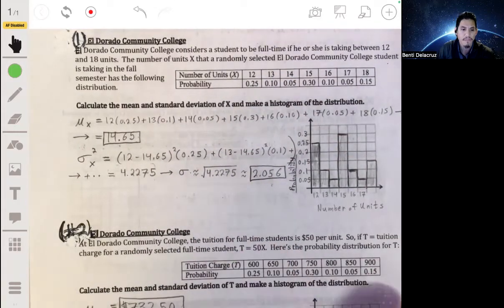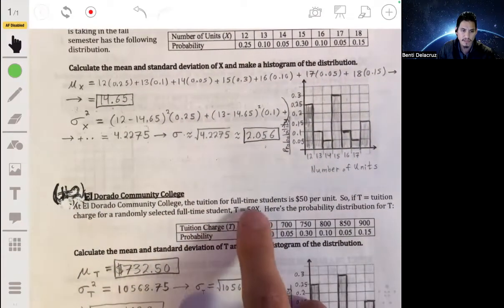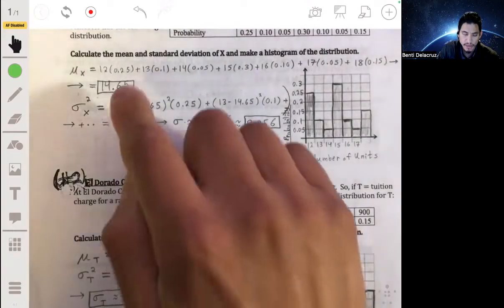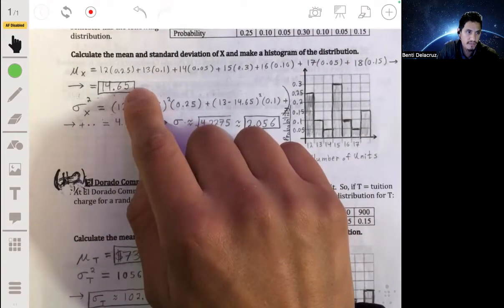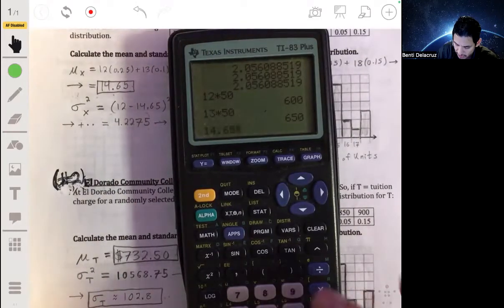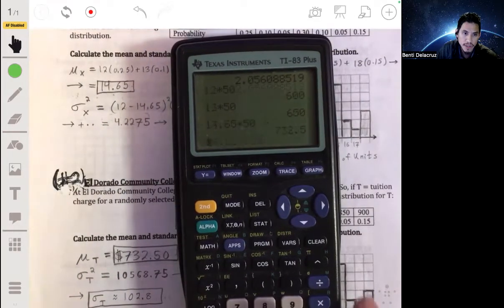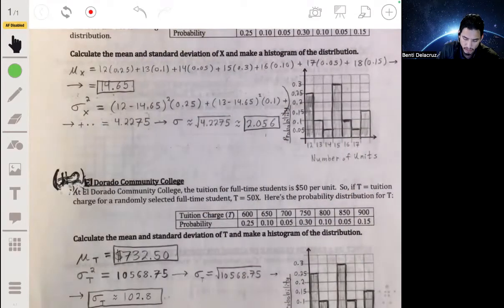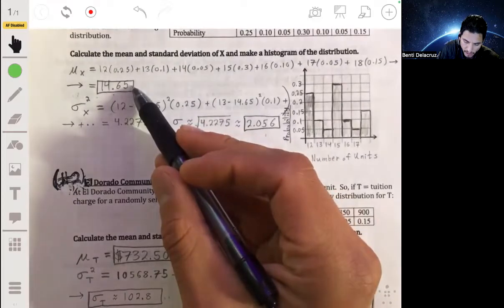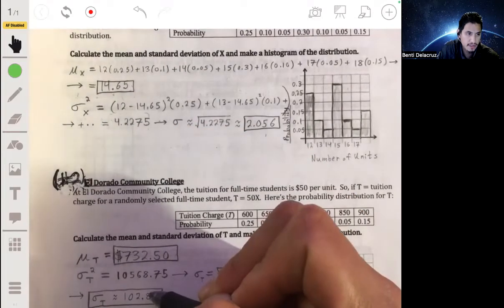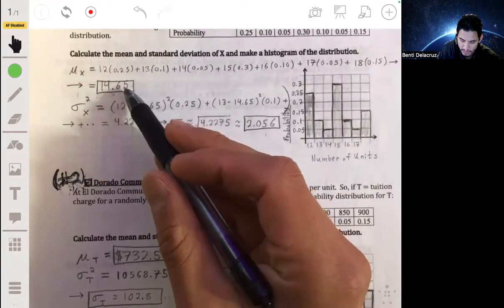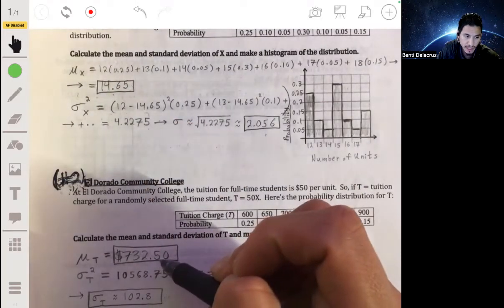That's our formula. Now, what it doesn't explicitly say is that you can also apply that for the mean. The mean of X is 14.65, and if you were to do 14.65 times 50, you're going to get 732.5. But the point is you want to see that that's just a linear transformation. You're just multiplying by a scalar, or by a number.